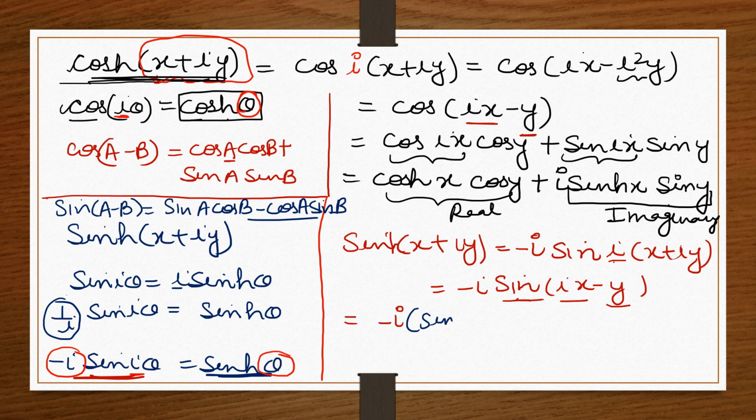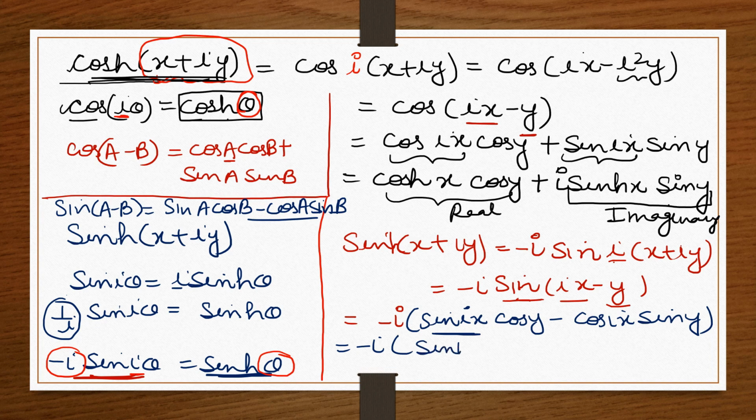You'll get sine iota x and cos y minus cos iota x sin y. Now sine iota x is sine hyperbolic x along with iota, and cos y as such, minus cos hyperbolic x along with sine y.